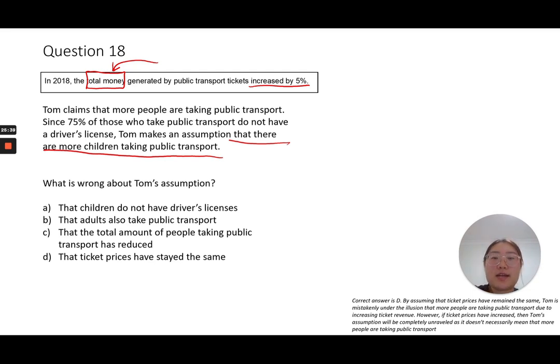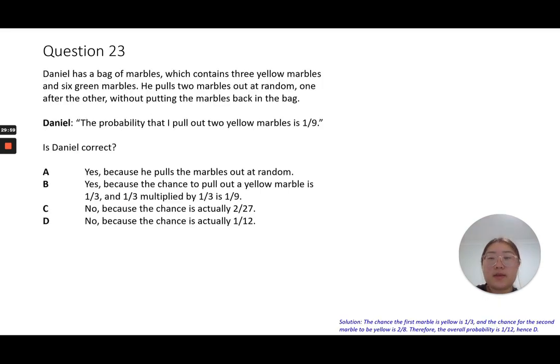So this direct relationship between the number of people and the total money generated is not reliable or not inferable. So what is wrong about his assumption? The answer is D, that ticket prices have stayed the same. Okay, they might have, and his assumption might be correct, but we can't directly assume it just now without extra evidence.